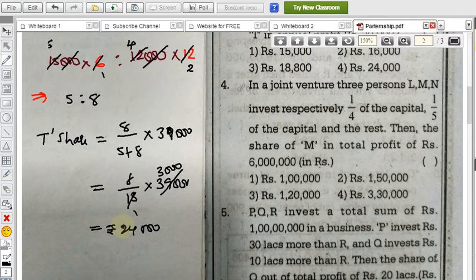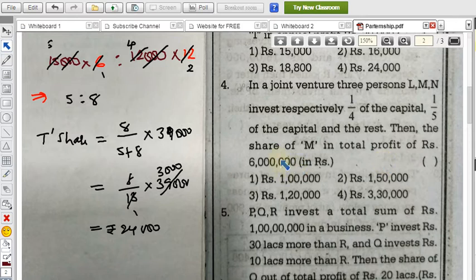So some questions are direct, where we should multiply the time period. Some they'll give in terms of ratios and fractions also. Let us see the next one. In a joint venture, three persons L, M, N invest respectively 1 by 4th of the capital, 1 by 5th of the capital, and the rest, so the remaining is N. Then the share of M in the total profit is 60 lakhs.